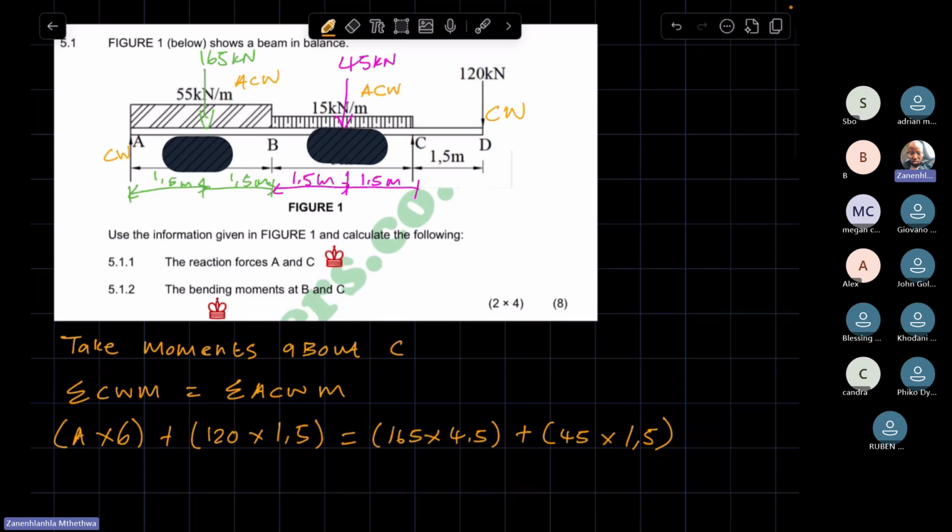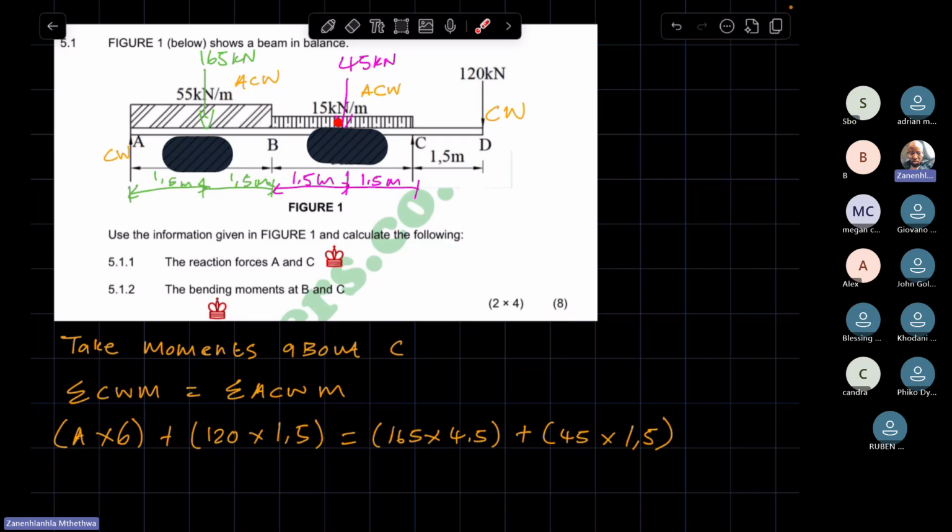No, you do not. For instance, had you not been given the UDLs and you had a point load of 165 and a point load of 45, you would use that exactly as it is. So the distance would go straight to 3 meters.